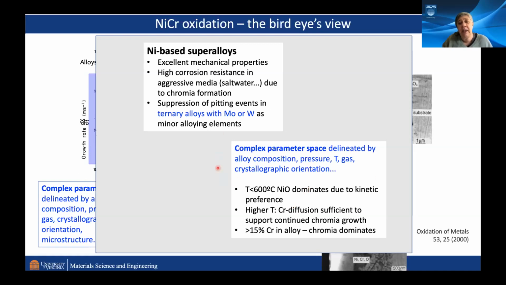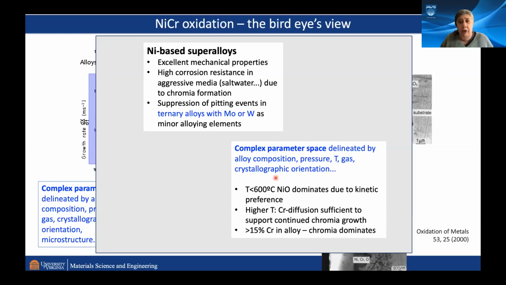We have an incredibly complex parameter space: alloy composition, pressure, temperature, gas composition, crystallographic orientation. And I'm absolutely certain I have forgotten a few of them. And within that complex parameter space, in our work, we have looked at a relatively narrow slice of that. And the reason for that is that if you have nickel chromium, nickel and chromium oxidation compete.